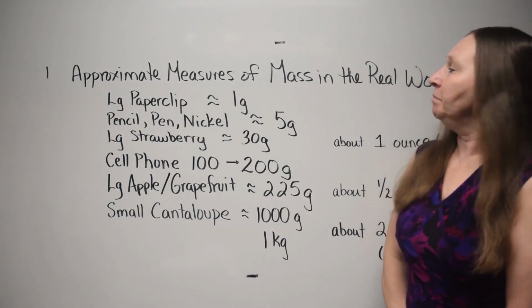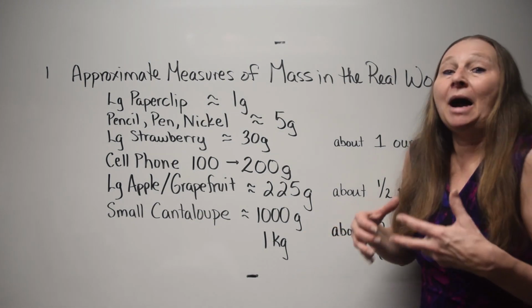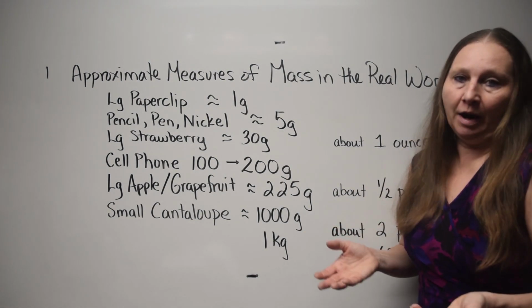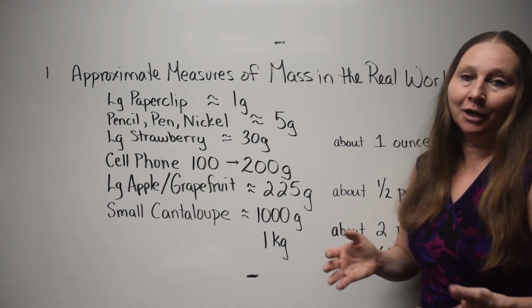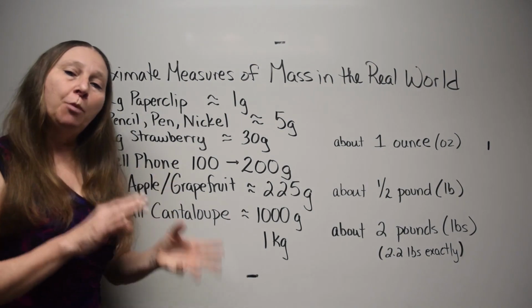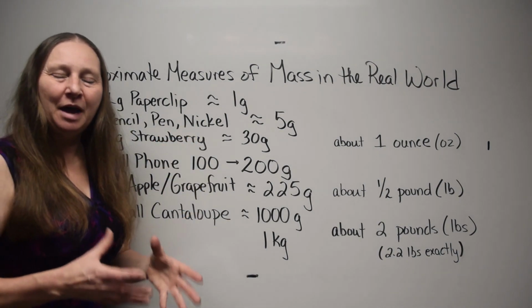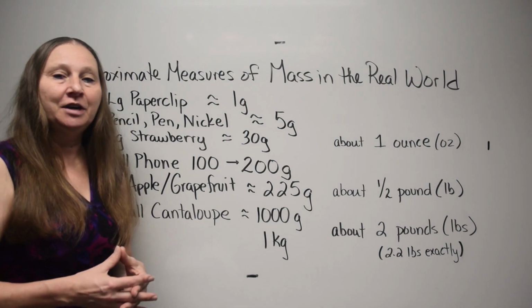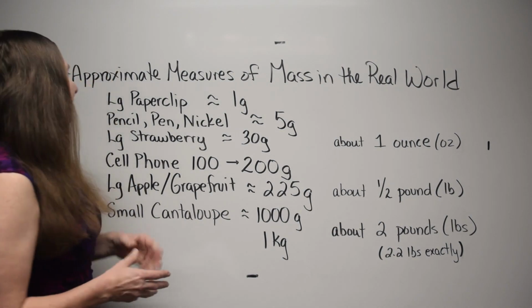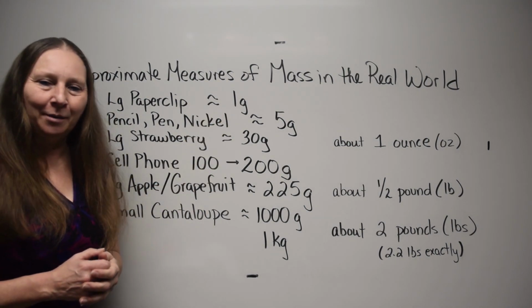Some approximate measures of mass in the real world. We want to know about how much a gram is and how much a kilogram is. So it used to be that a small paper clip was about 1 gram. But now that they're making the paper clips a lot cheaper and they're not using a good quality metal, it turns out that a large paper clip is about 1 gram.